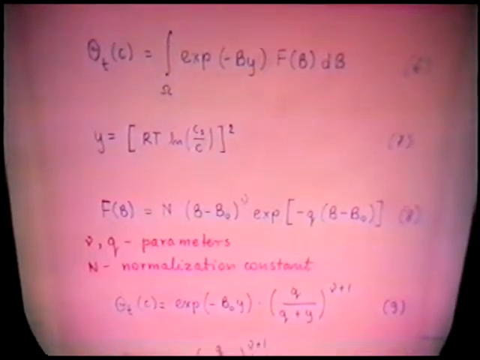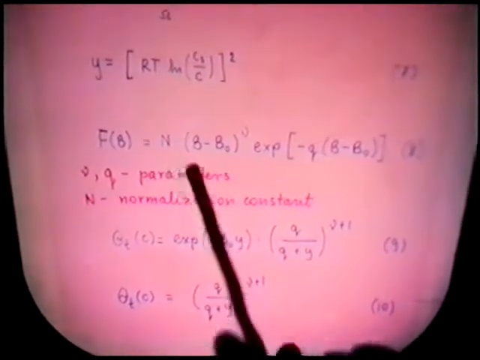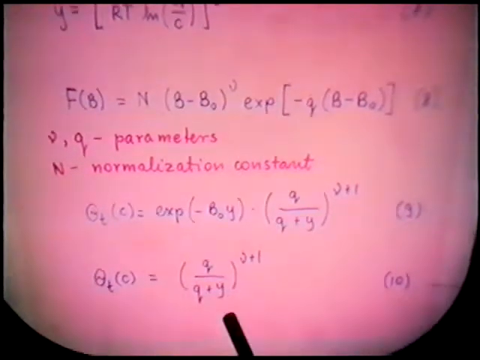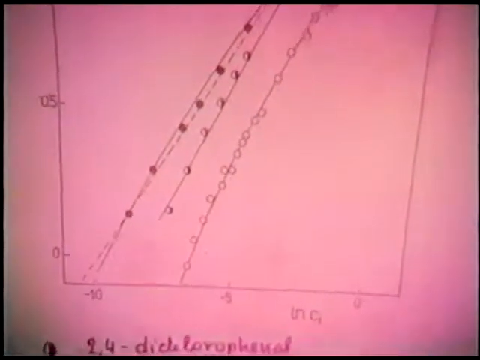And it is of course possible to solve equation 6 for example with a gamma type distribution function, and we obtain a simple solution like equation 10. This equation also gives a good representation of experimental data. And what is interesting is that we can correlate the energy distribution function and this micropore distribution function.